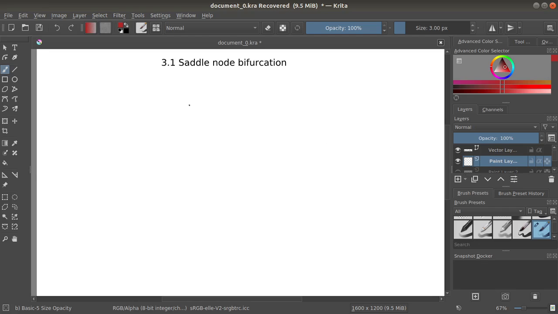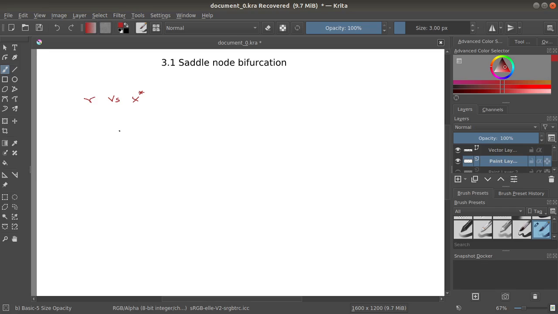So the bifurcation diagram is nothing but a plot of r versus x star, the fixed points.